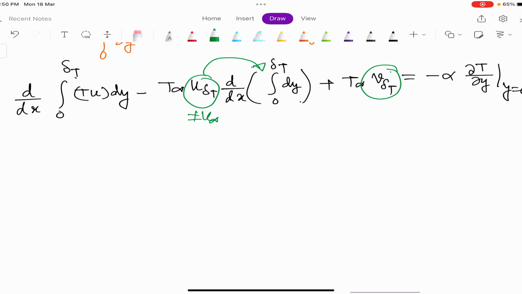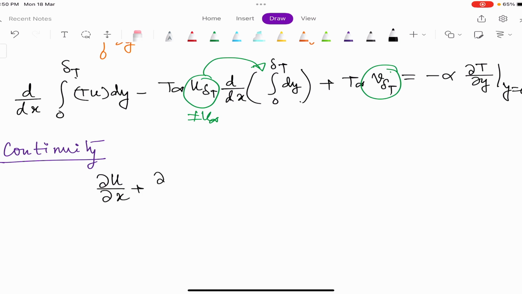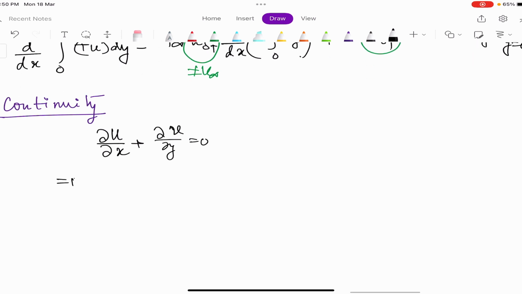Now let us write the continuity equation again. In continuity we will have del u del x plus del v del y is equal to 0, again integrating with respect to y. So del u del x dy from 0 to delta t plus, I am again writing it directly, the integral from 0 to delta t of del v del y dy is equal to 0.